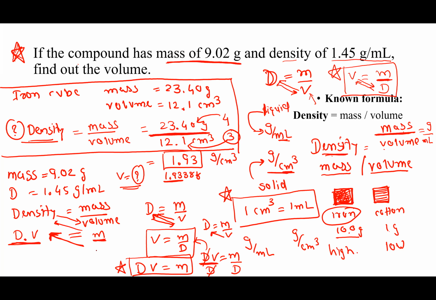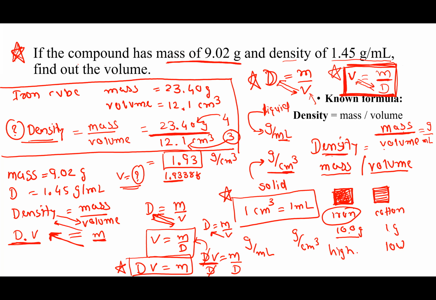No problem. I do not have any more space to solve the problem, but I can ask you to work on this. As I told you, you can shuffle the equation. This is the equation that you know. You can shuffle it like this, which is V equals M over D, and apply the numbers in this formula and solve that.